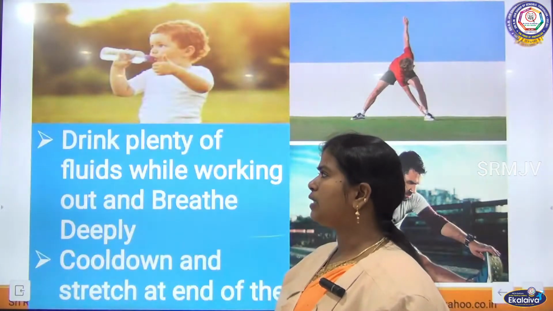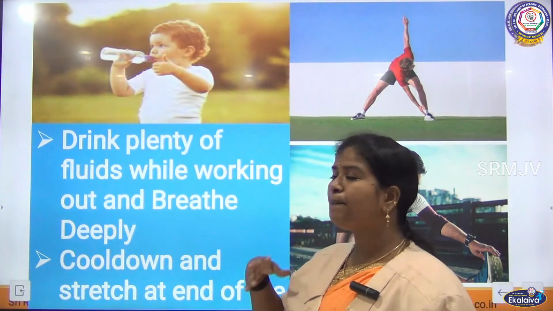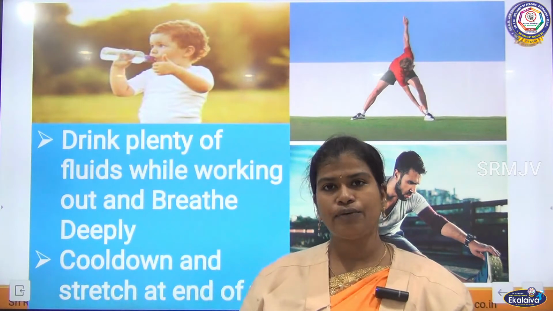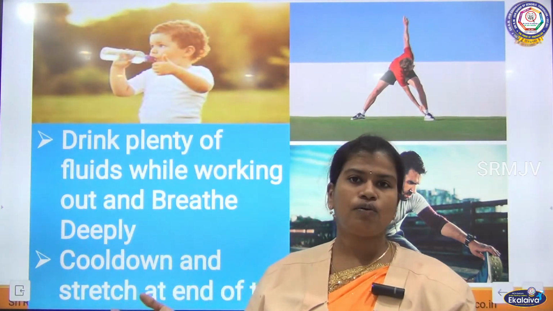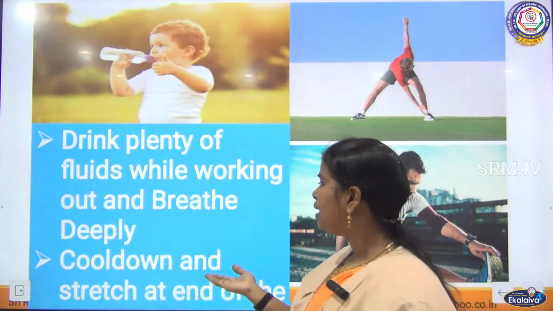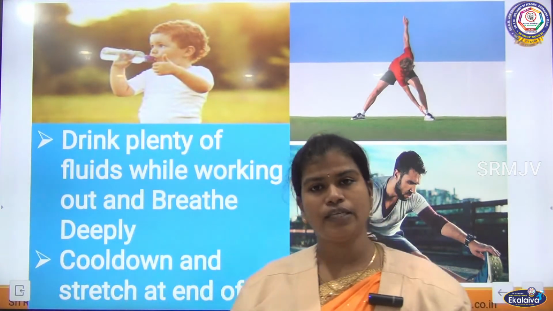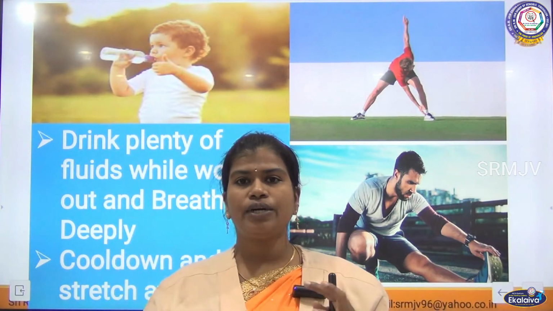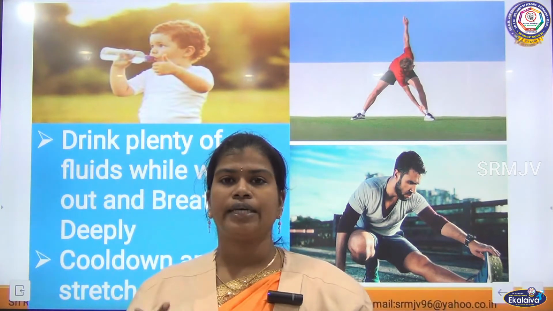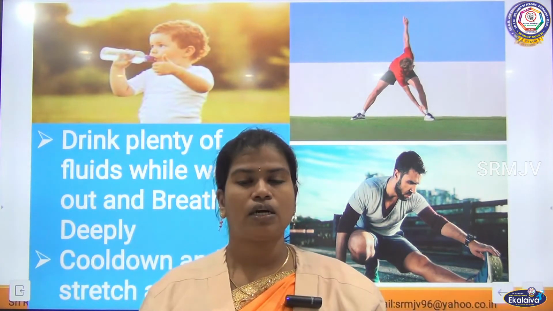And also, how can we avoid this muscle cramps? We should drink plenty of fluids while working out or while doing the exercises, so that the oxygen supply to our body will be regulated. And also we should cool down and stretch at the end of the exercises. So it enhances the aerobic respiration. We can also give a hot water massage to the muscular cramps.